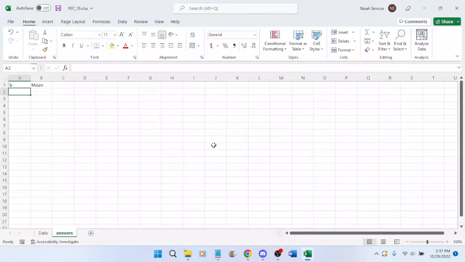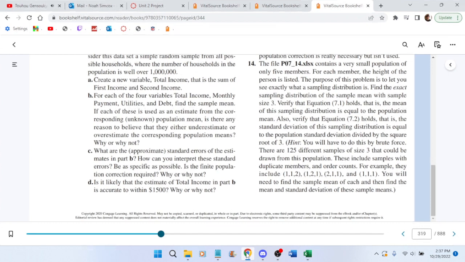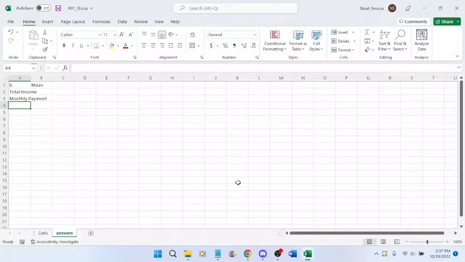Total income, monthly payment, utilities, debt.